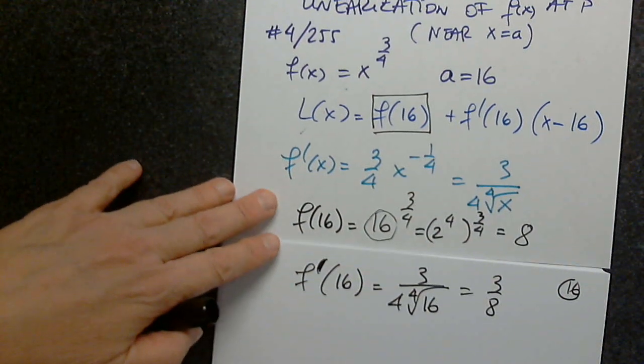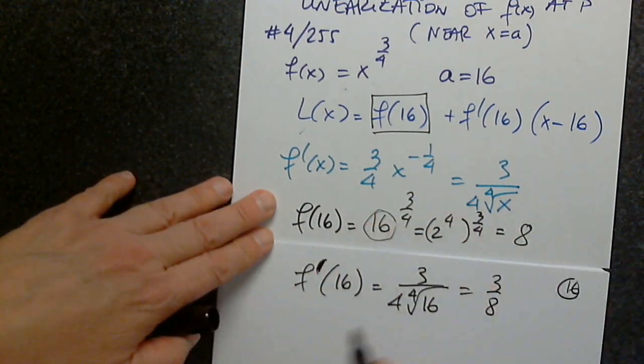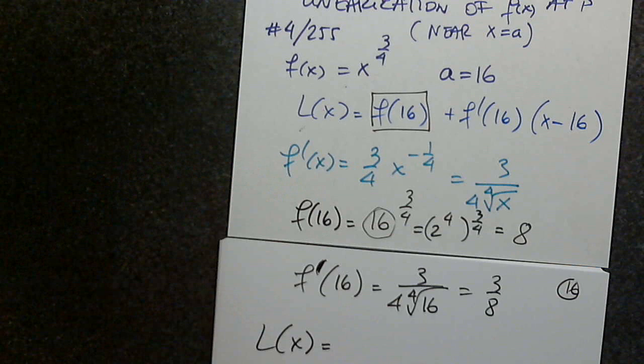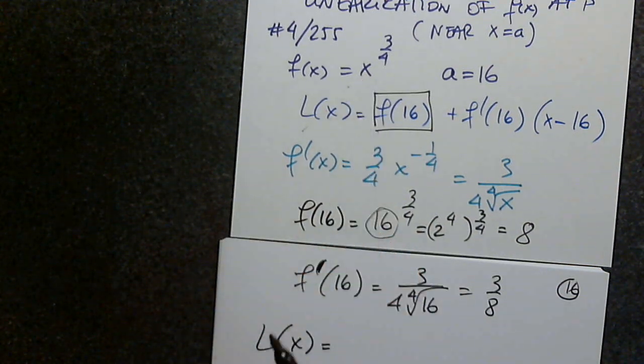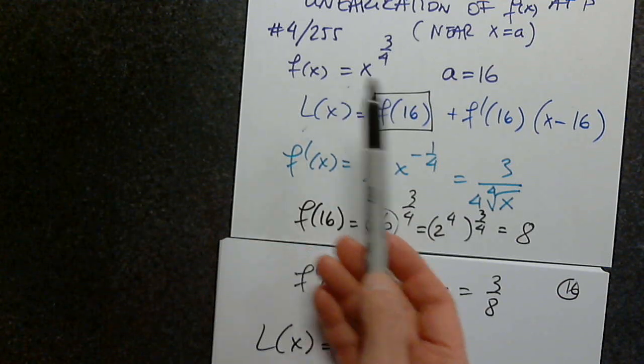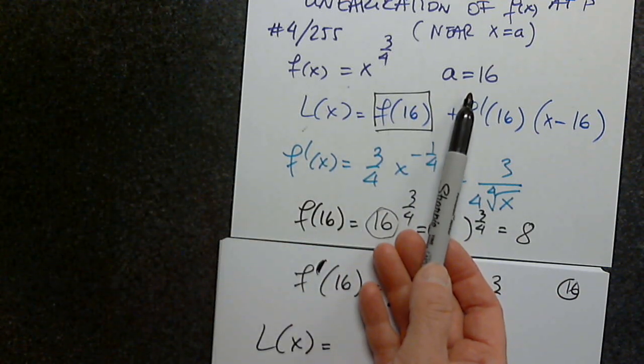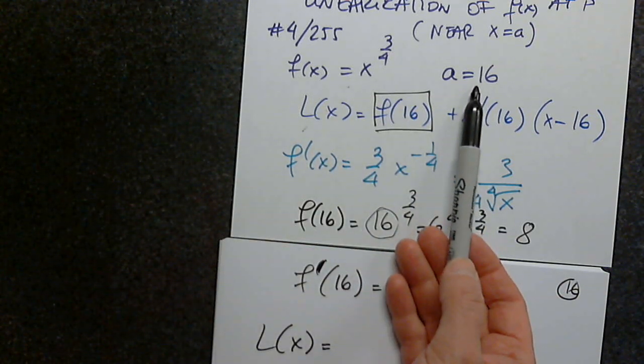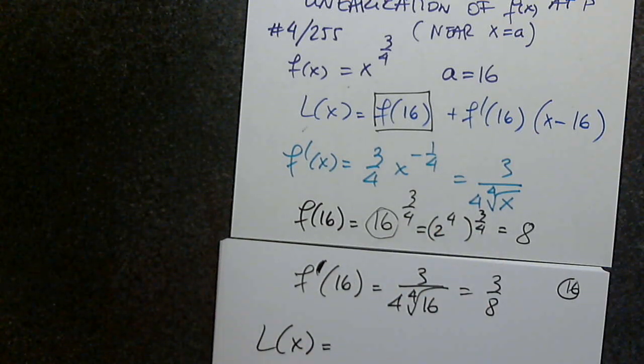I have all the pieces, and now I can put everything together to find the function that approximates the original function, the linear function that approximates the original function near 16. Now, if you change this into 20, the function is not good anymore. I have to find another function near 20.